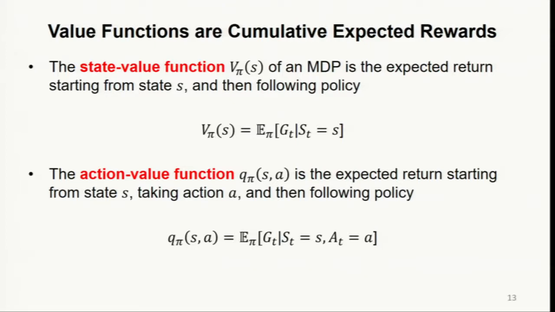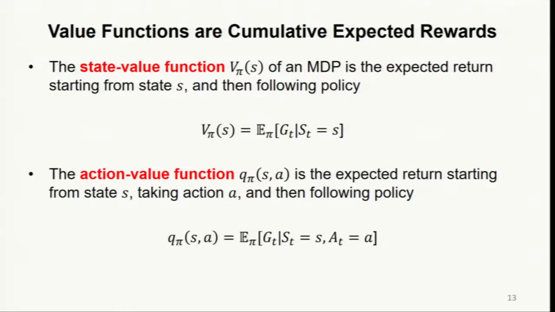So this is S_t equals S, and what is G_t? G_t is the total discounted sum of reward. That means you have R_{t+1}, gamma R_{t+2}, gamma squared R_{t+3}, and then you keep evolving. So this is why it is the expected return.